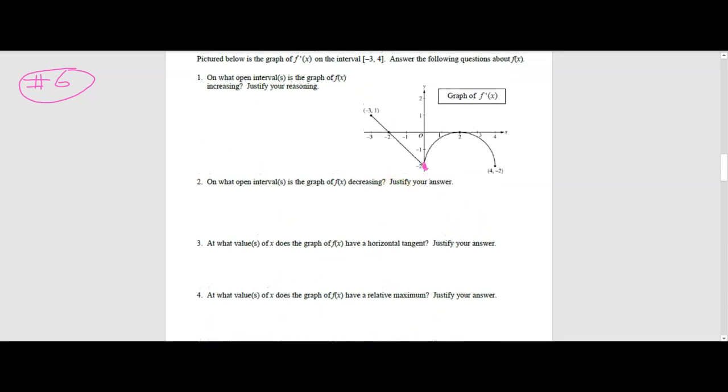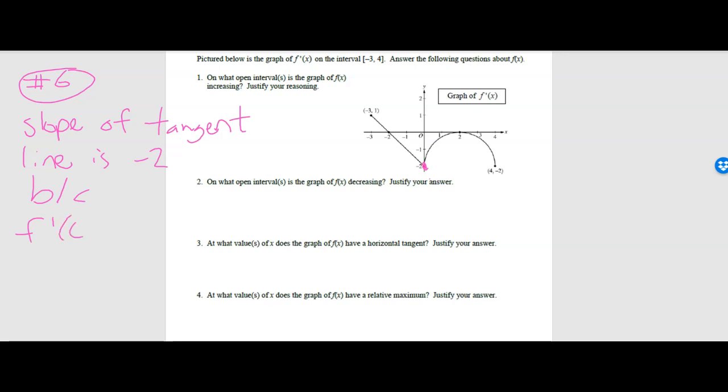Okay, so yep, slope of the tangent line is -2, because f prime of 0 equals -2. Again, this is just our relationship between a derivative and the slope of the tangent line. They are the same thing. The derivative is the slope of the tangent line at a given x value.